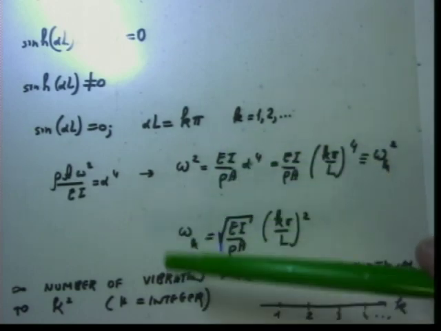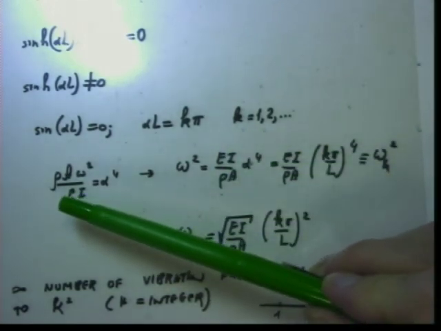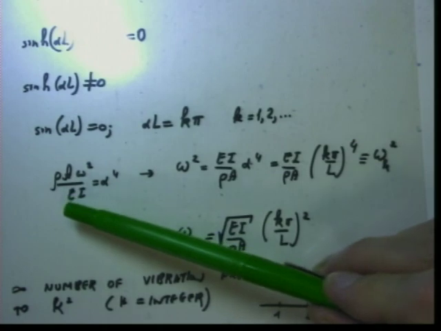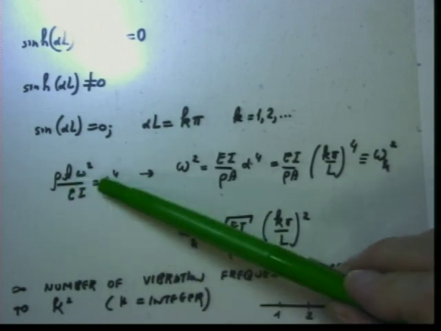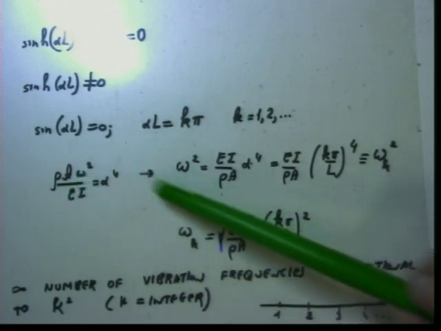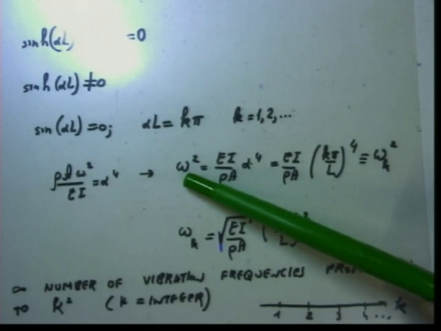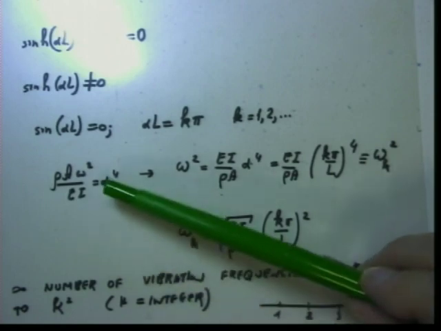So then we substitute in this expression. So today I repeated this: Rho A omega square over EI equals alpha to the fourth power. In omega square, I substitute the alpha expression.